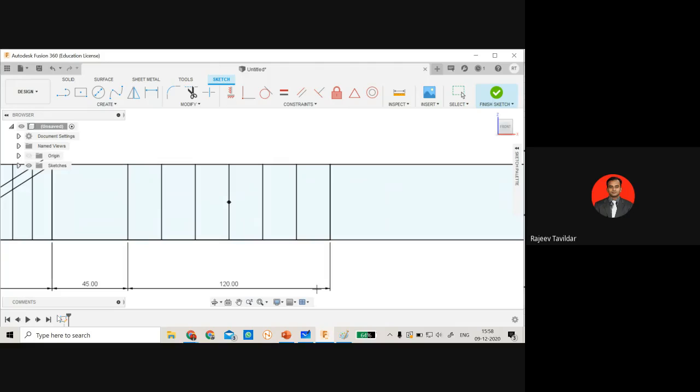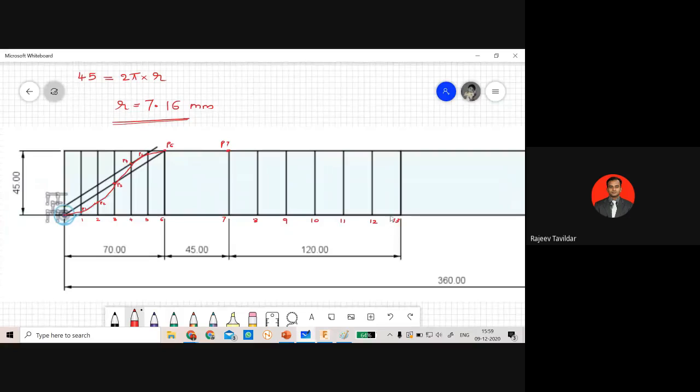Let us not mark the midpoint. Once you locate the middle line, we'll have to divide that middle line again into 6 equal parts. Let me show it here only.